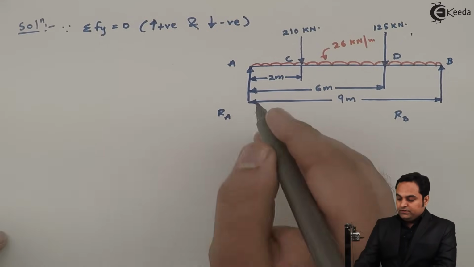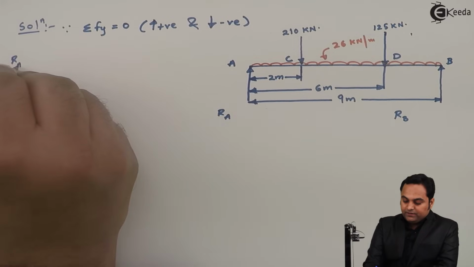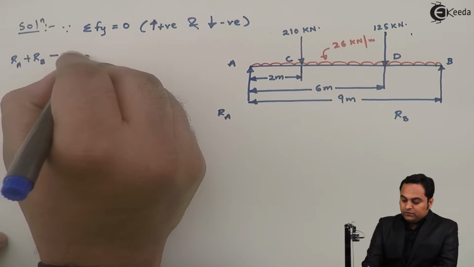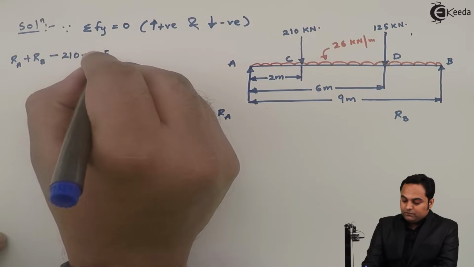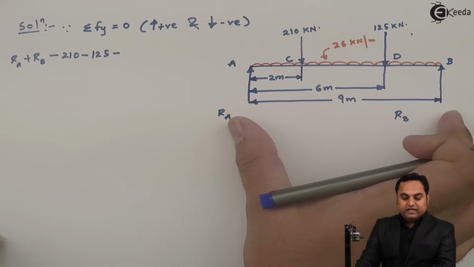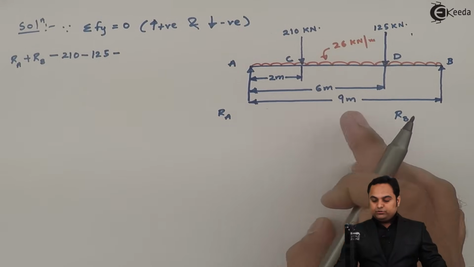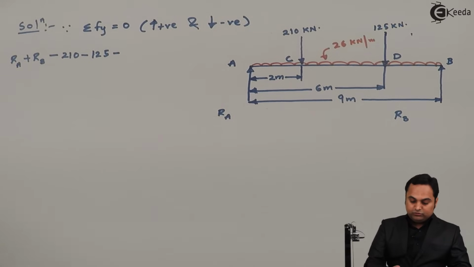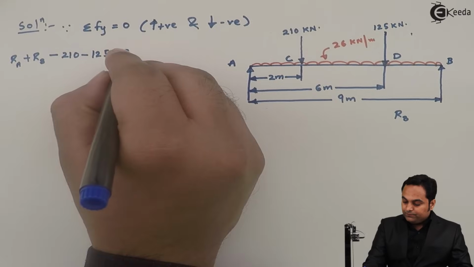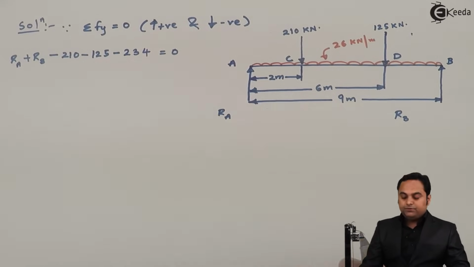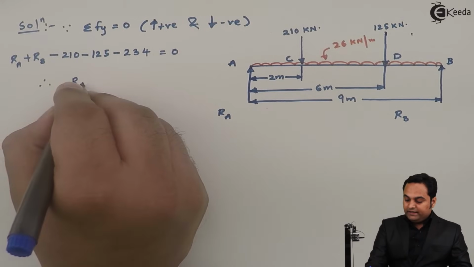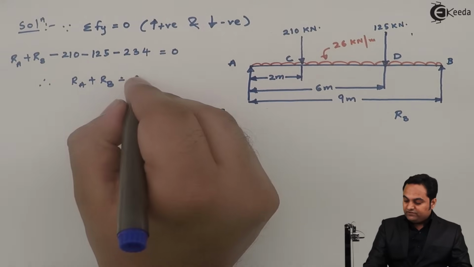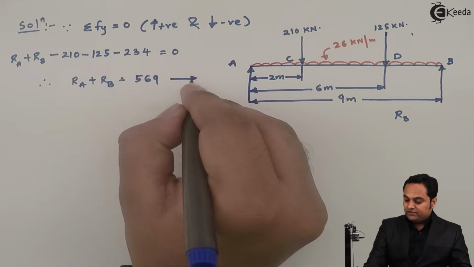So therefore here I have RA and RB as positive, so RA plus RB minus 210 minus 125 minus, now 26 into 9, because I have to convert it into point load. So this UDL will be converted into point load. 26 into 9, and that comes out to be 234. It's equal to 0. So therefore, when I add up RA plus RB, it comes out to be 569.